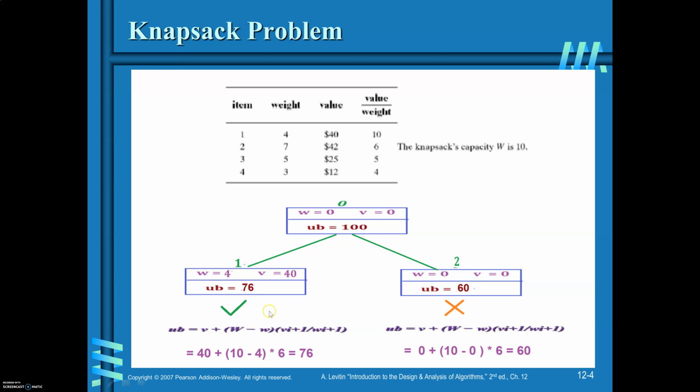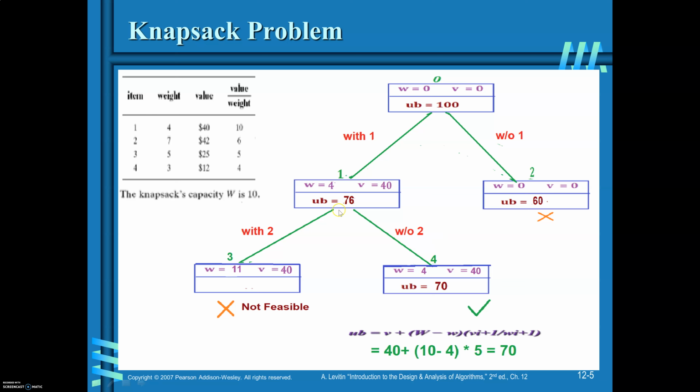When you look at this node and this node, this is the best possible upper bound. So consider this node and extend it, because considering item 1 into the sack will lead to the optimal solution. That's why this branch is extended.